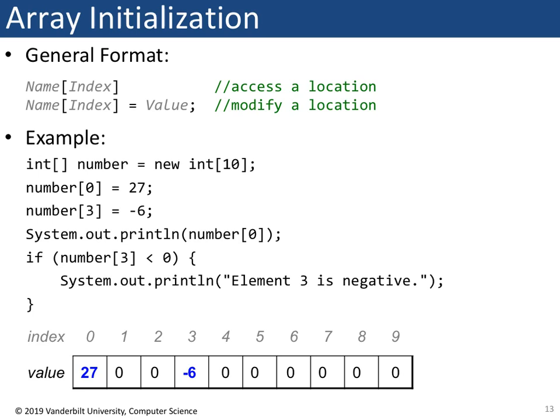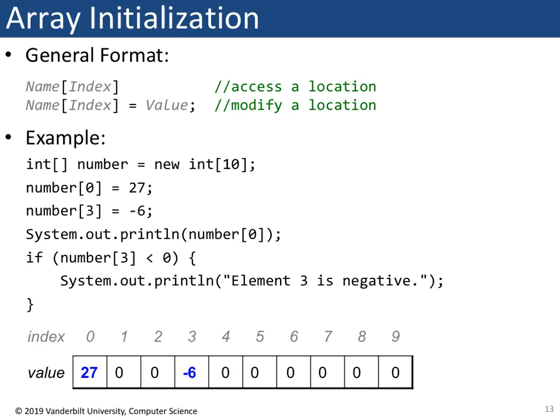In the next statement, we're going to print the value stored in element 0 to the console. So our first assignment stored the value 27 in element 0. The second assignment stored the value -6 in element 3.